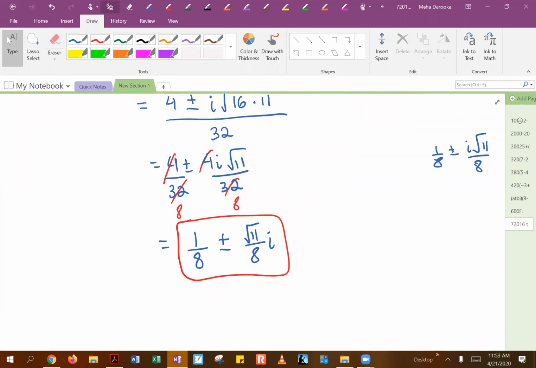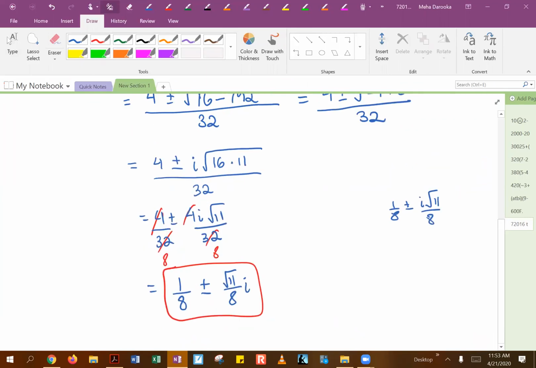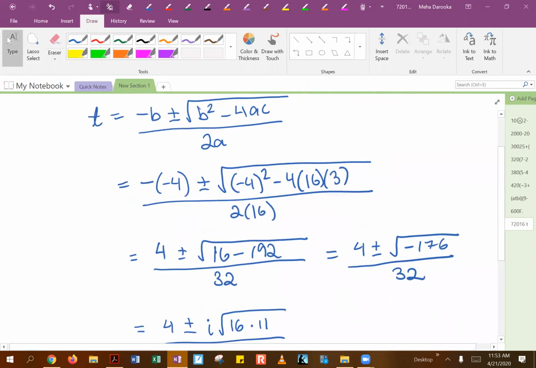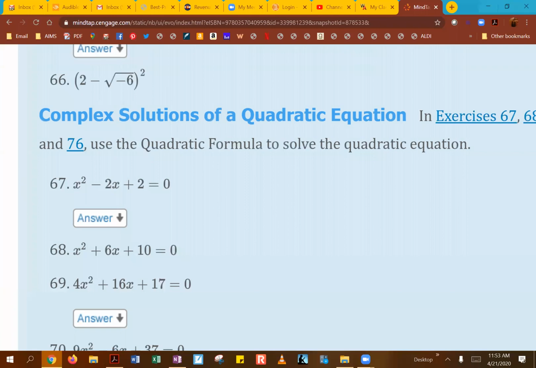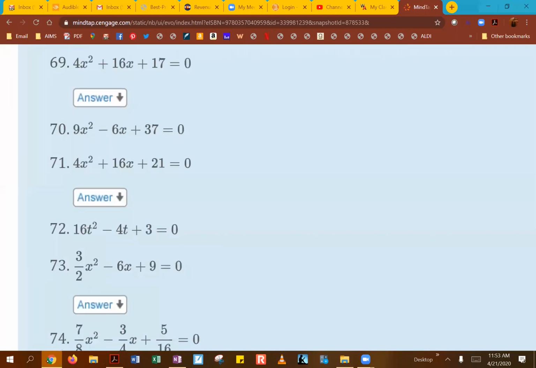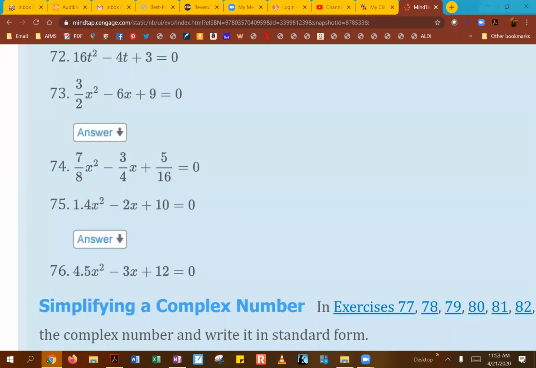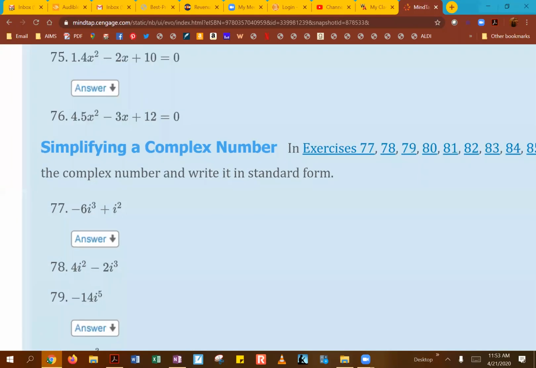So this is your quadratic formula using to solve quadratic equations. Now, okay, now we just want to look at if we wanted to simplify some of these expressions here.